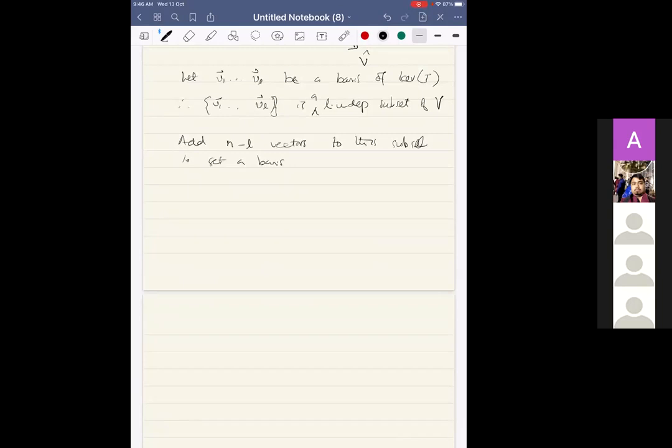Yeah, there's an obvious notation. I have V1 to VL, and the vectors that I add, I call them VL plus 1 up to Vn. So these guys belong to the kernel of T, and these guys are additional vectors, added to get a basis for V.